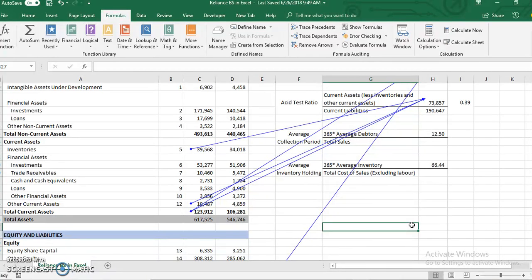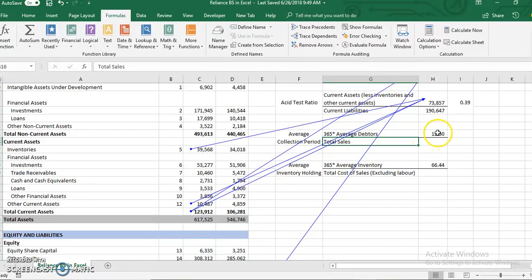Now let's look at the next one here, average collection period. The average collection period is calculated in two steps. One is the average daily sales, which is total sales divided by 365, and then you calculate that against the average debtors.